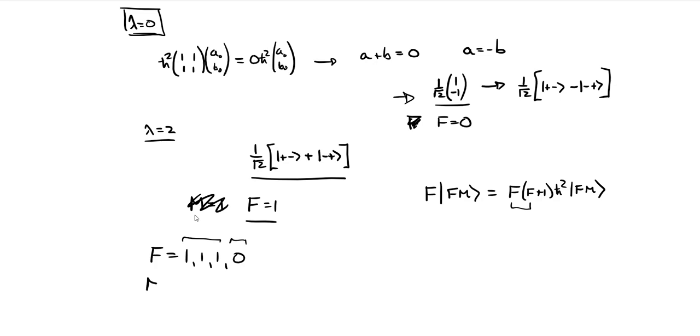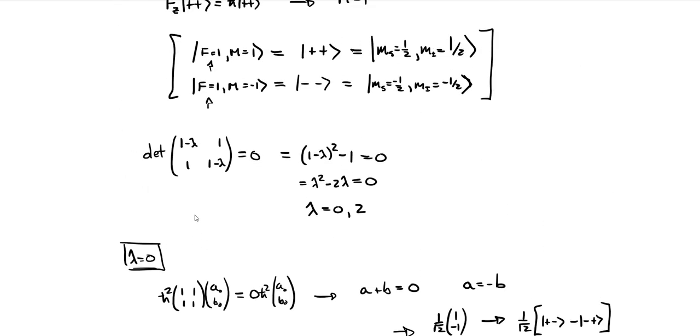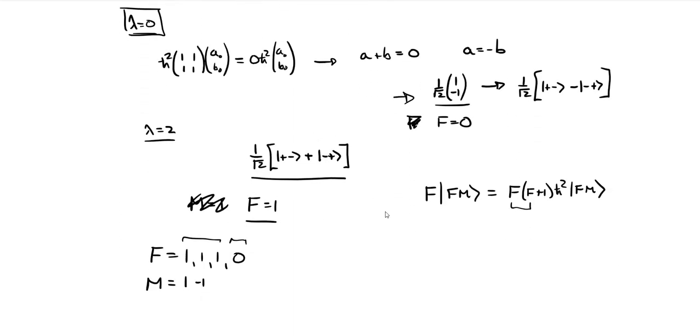What about the m values? Well, we had 1 and minus 1 for these states up here. 1 was 1, 1 was minus 1. If we take this F sub z, remember these m values have to come from the F sub z operator. If we take the F sub z operator and operate on this state, we get a 1/2 and a minus 1/2, right?